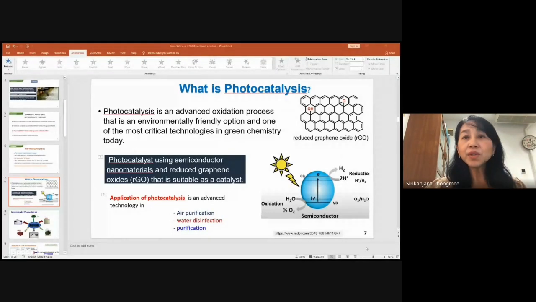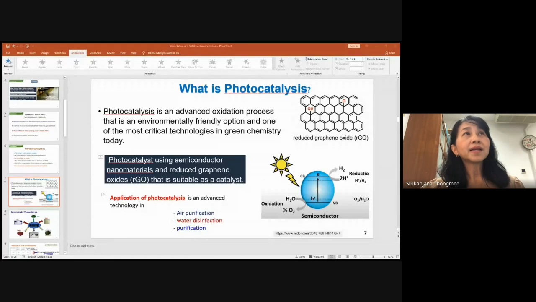Then, as we know, the photocatalyst uses semiconductor nanomaterial and reduced graphene oxide because that is suitable as a catalyst. The applications of photocatalysis are in air purification, water disinfection, and also purification.